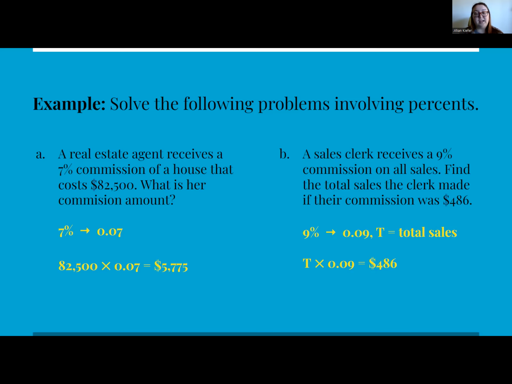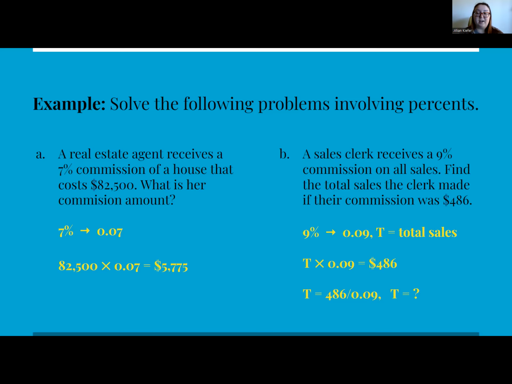But we don't know what T is, and we do have it being multiplied by a number, so we can instead set this up so that we're solving for T instead of solving for the commission. We do that by dividing each side by 0.09. If T is being multiplied, we can get rid of that by dividing by the same value.